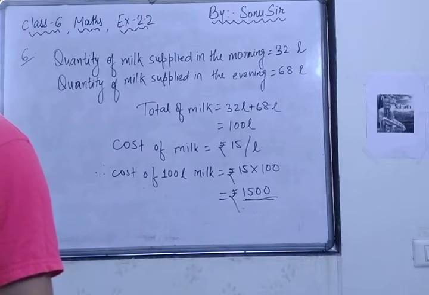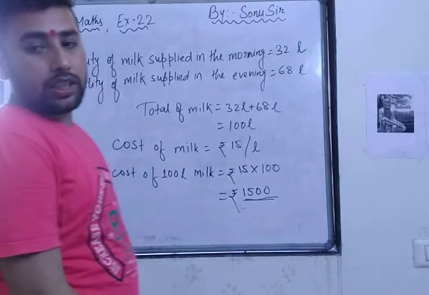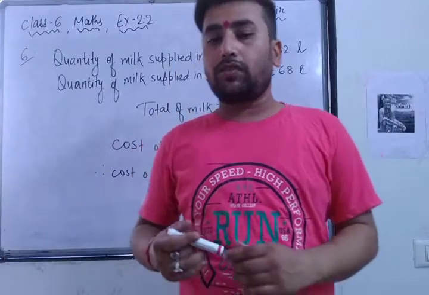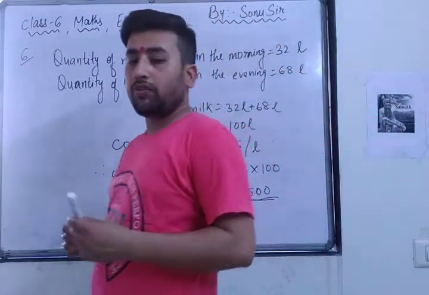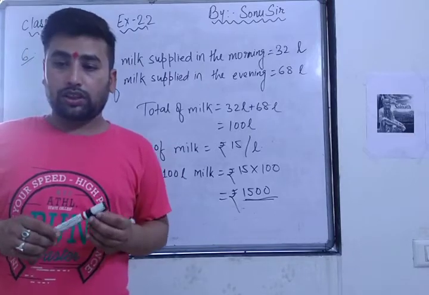Now let's move towards question number 7. Question number 7 is match the following. What do you have to do? There are some digits given and solutions are given.